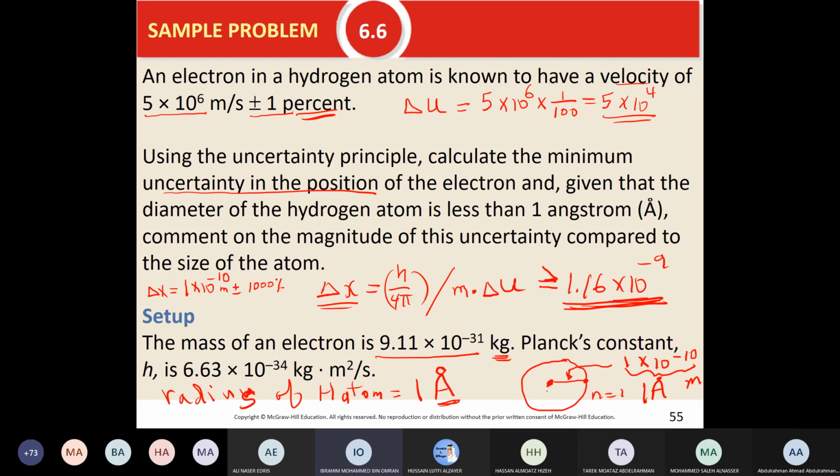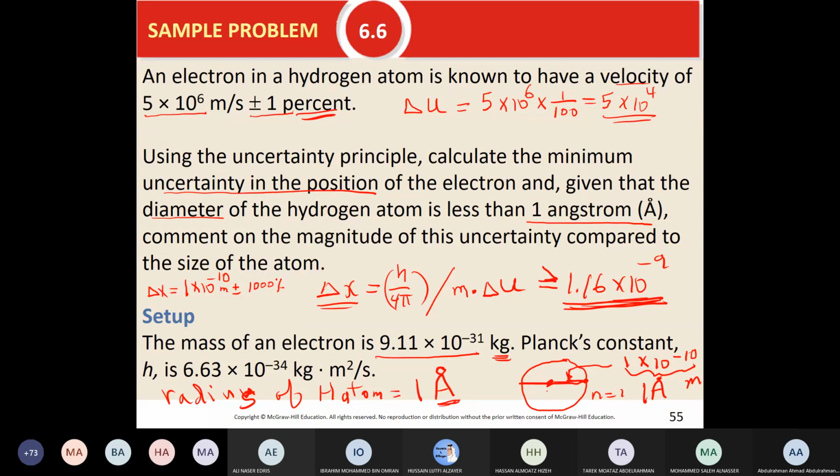Yes, given that it's the diameter. Maybe he's talking about the whole diameter then. Yes, very good point. I did not notice it myself. But the 1 angstrom is for the diameter, it says already. And the position we're talking about is the whole diameter. So yes, the position here is the diameter.